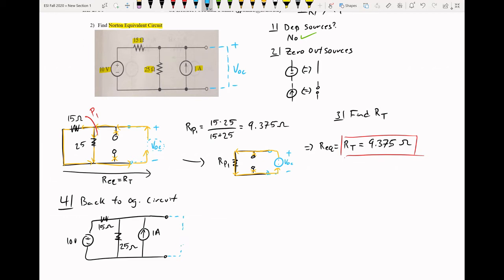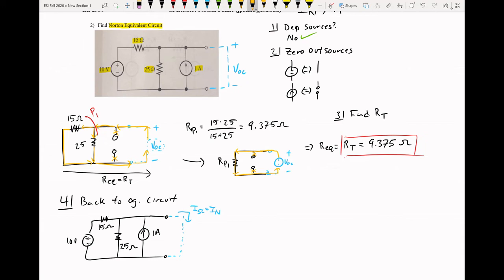For Norton, if you're trying to find the current through this wire, so I short circuit, which is equal to I Norton, when you go back to the original circuit, you're going to want to still keep that imaginary wire in there. Whereas if you're trying to find the voltage, ignore it. And we'll see what this looks like in just one sec.